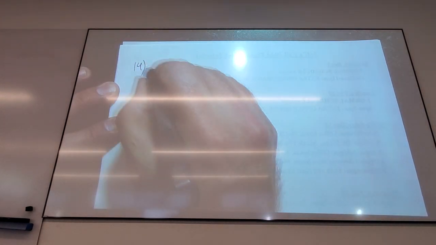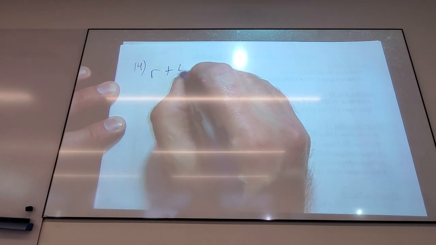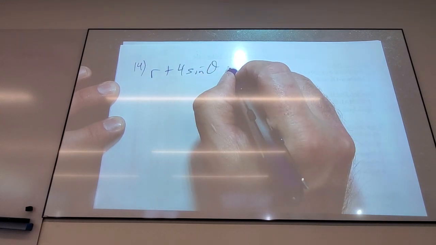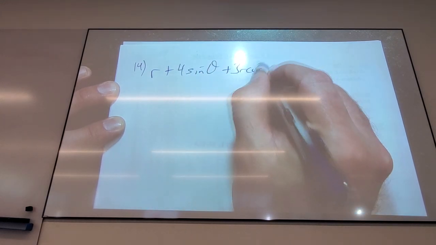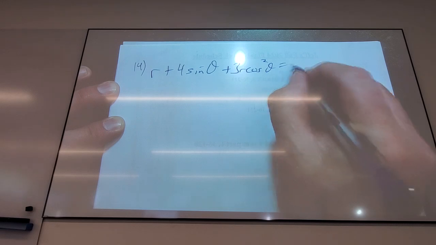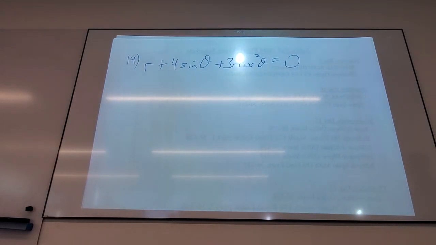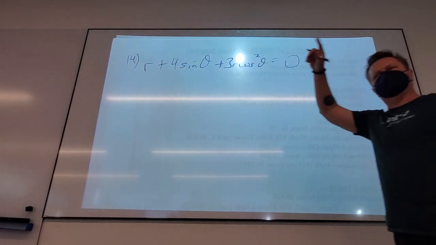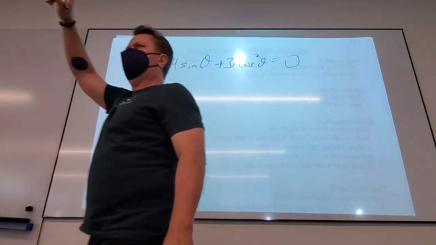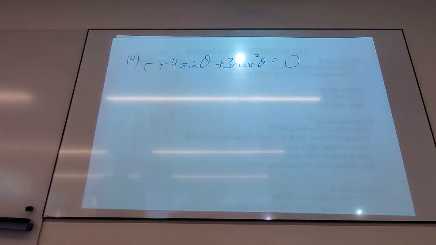14. Oh, so what I said yesterday on 14, and I think it starts off like this. Yes. So the part I'm not going to test you on is the conic sections part, because we didn't actually do that.